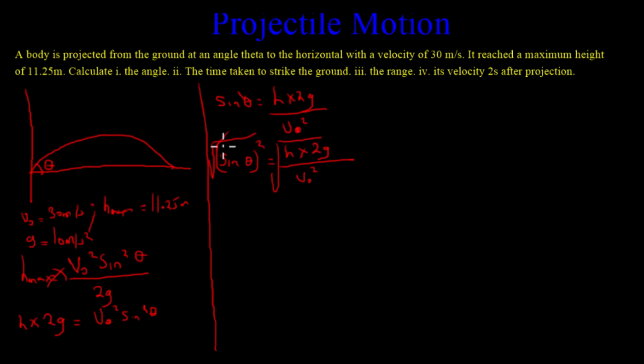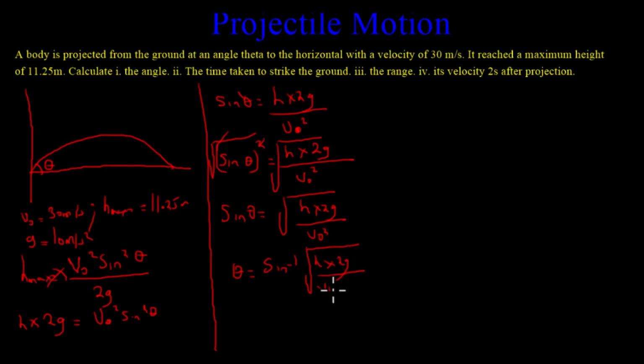Square root will cancel out the square. We will simply have sine theta is equal to the square root of H times 2g all over V naught squared. And theta finally will be the sine inverse of everything that we have here, H times 2g all over V naught squared.